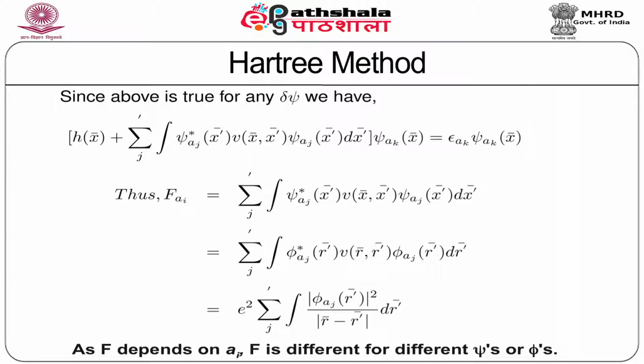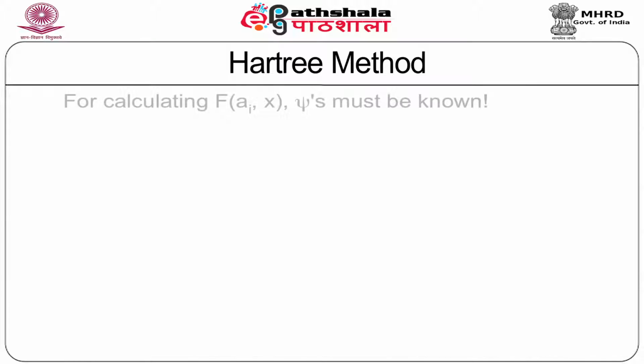We note here that f depends on a_i because the summation over j excludes a_i. So f therefore is different for different psi's or phi's. Thus, for calculating f, psi's must be known.